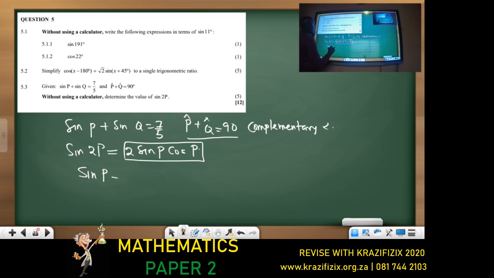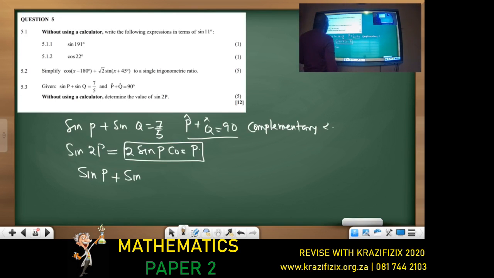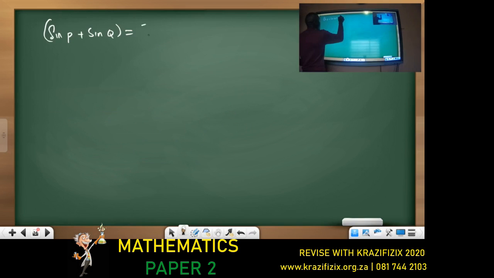If sine p plus sine q, let me get a fresh page. All right, so if sine p plus sine q is equal to 7 over 5, I can square this. Let's square both sides.